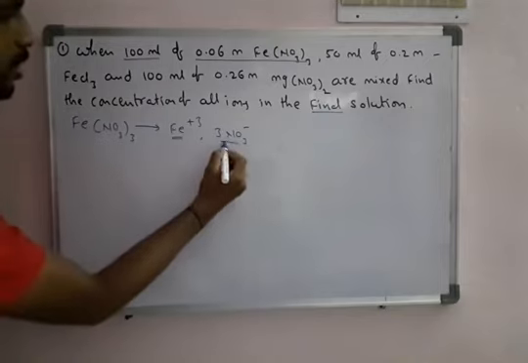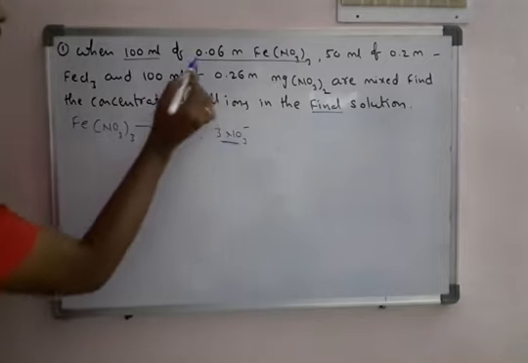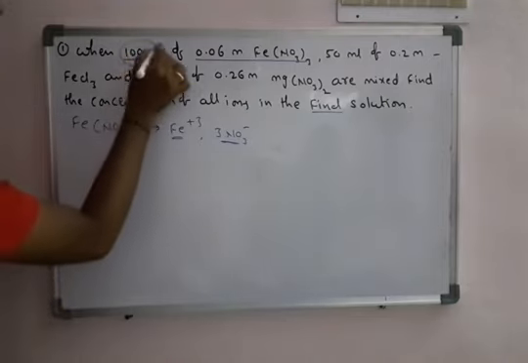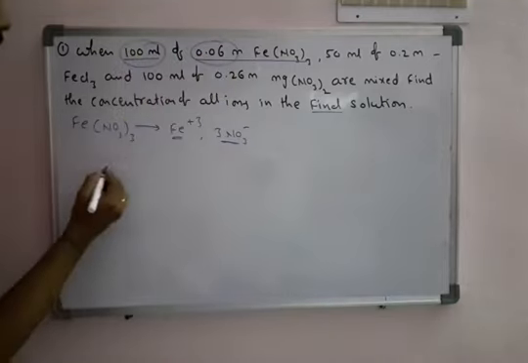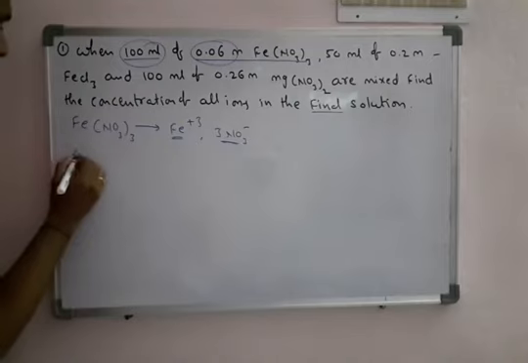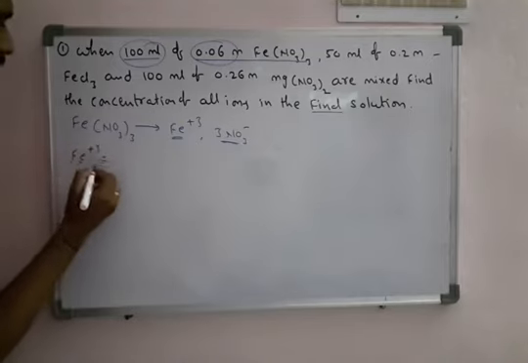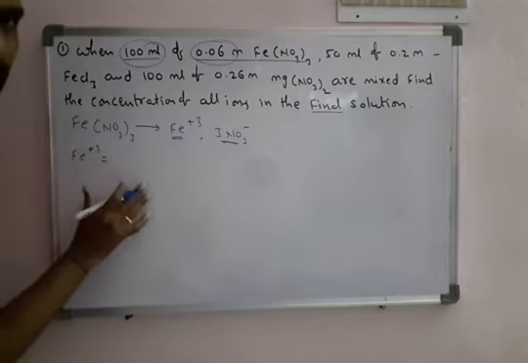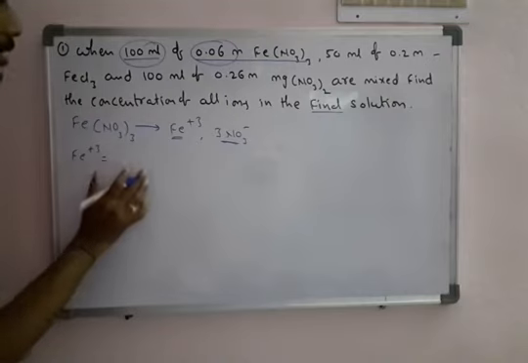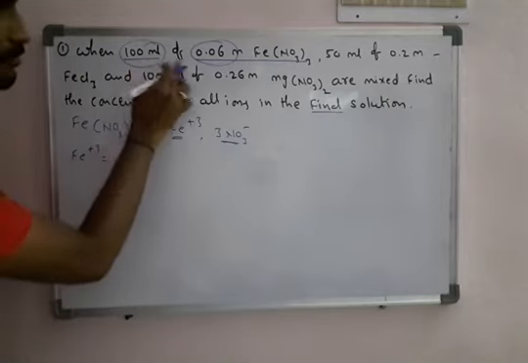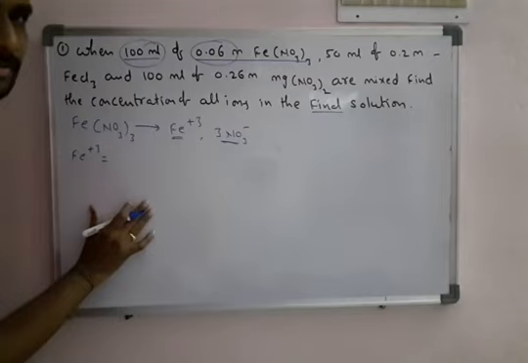So what are these concentrations? 100 milliliter, 0.06 M. So what is Fe+3 now? Fe+3 we calculate in terms of millimoles, because the milliliters are given.